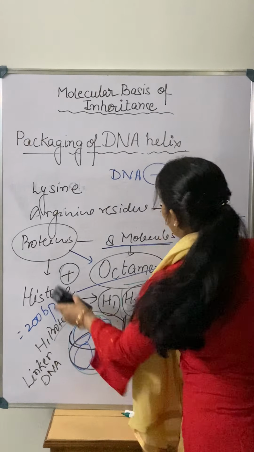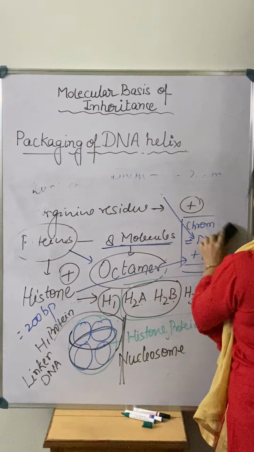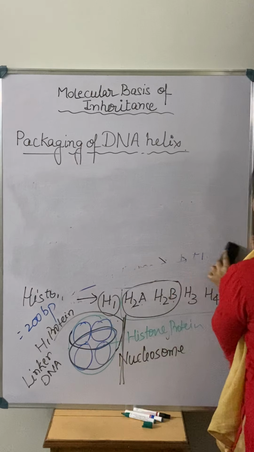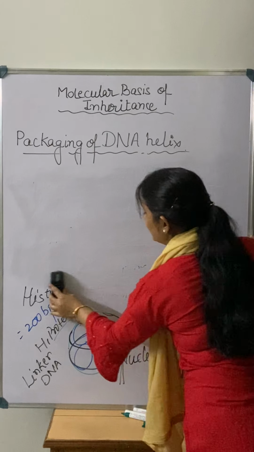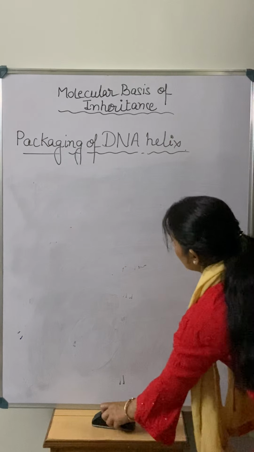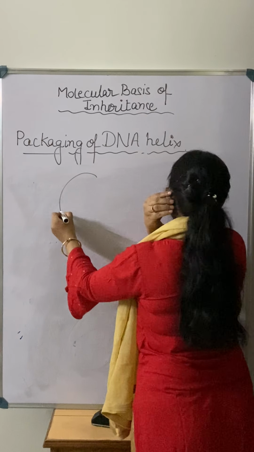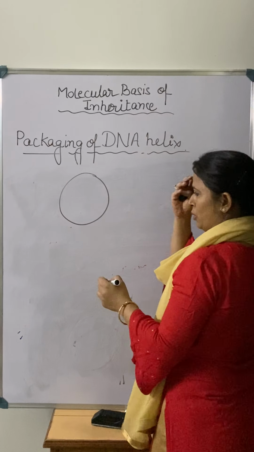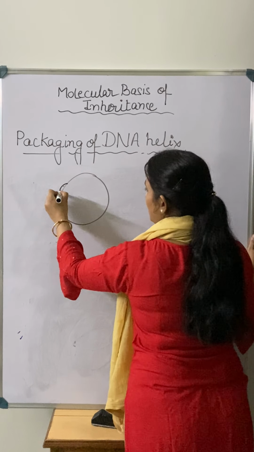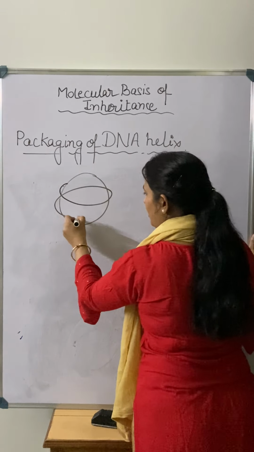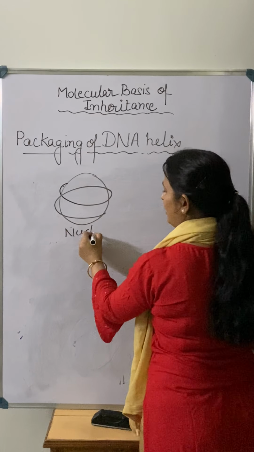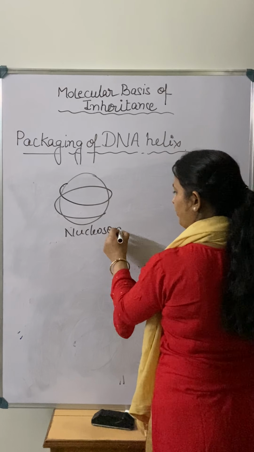So again I am going to draw over here what I have told you. There is a formation of a nucleosome with the combination of the histone protein and the DNA, right? So this is the histone octamer, and around one histone octamer there is a wrapping of 200 base pairs of DNA, and that makes the structure we call a nucleosome, right?